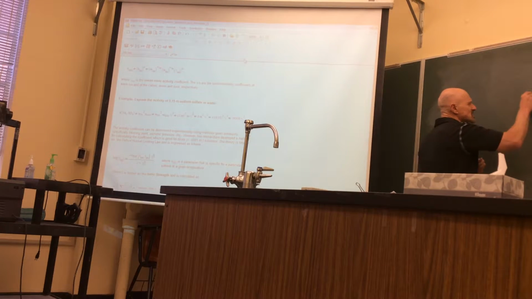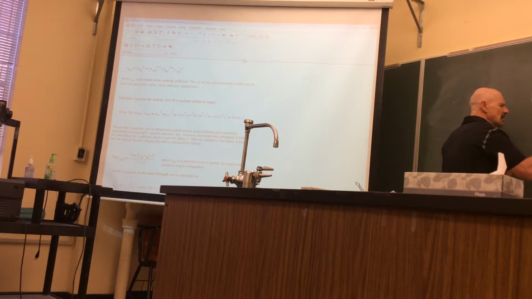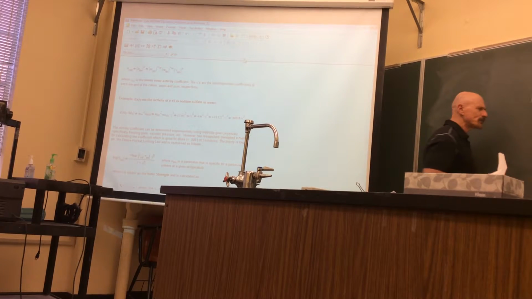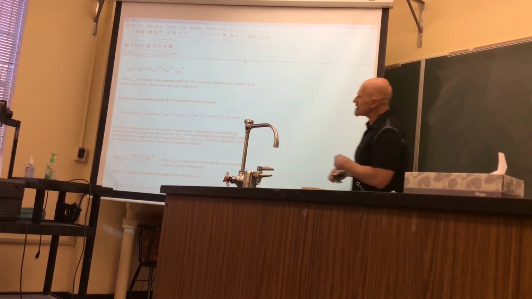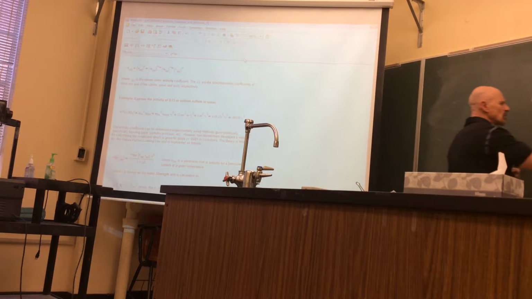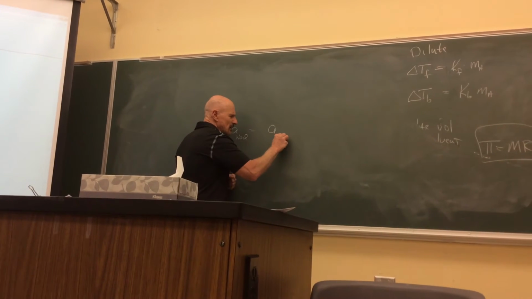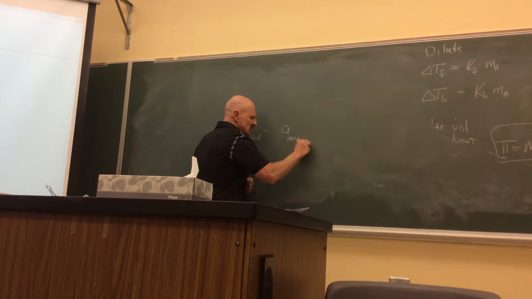If I have, let's say, sodium chloride, and I ask what is the activity of sodium chloride, I'm going to express it as a kind of average. This is what is called the mean ionic activity. This is just a definition.